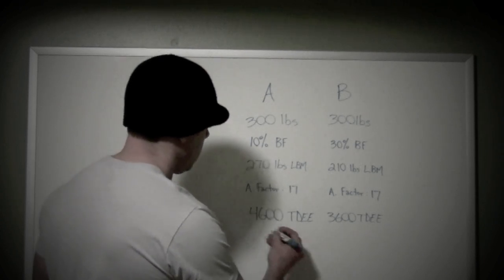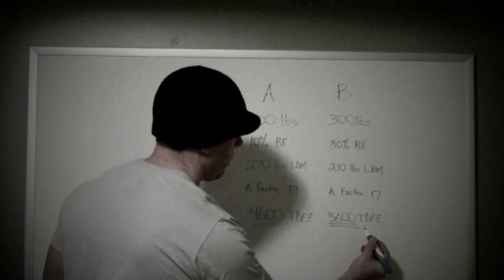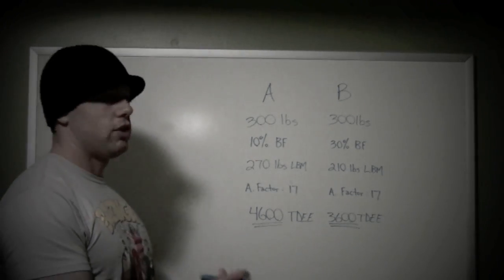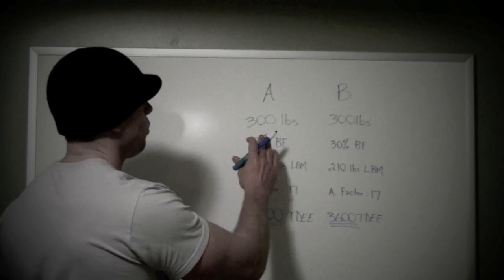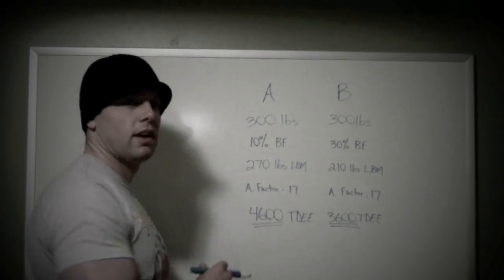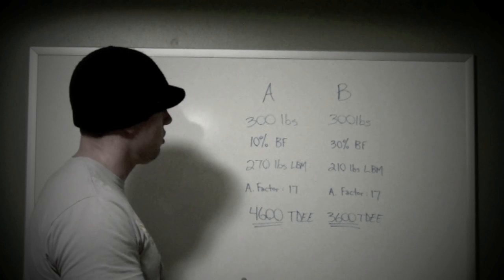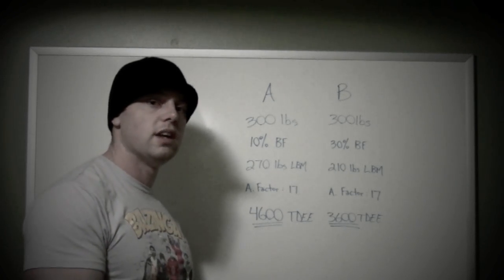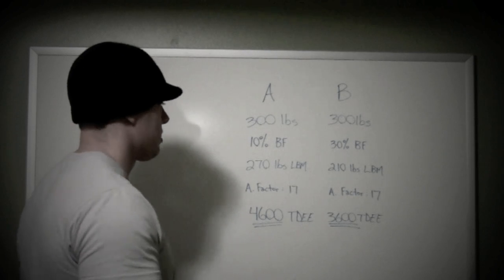So we've got 4,600 and 3,600. Now it should start to become very apparent that if we simply went with body weight as the main determinant to plug into that equation to figure out total caloric need as far as maintenance goes, we would just have the same number.